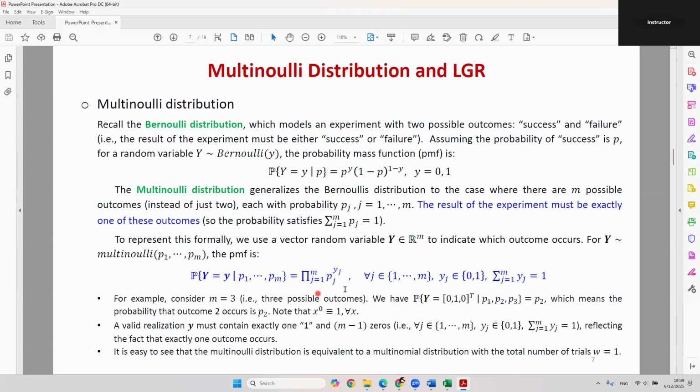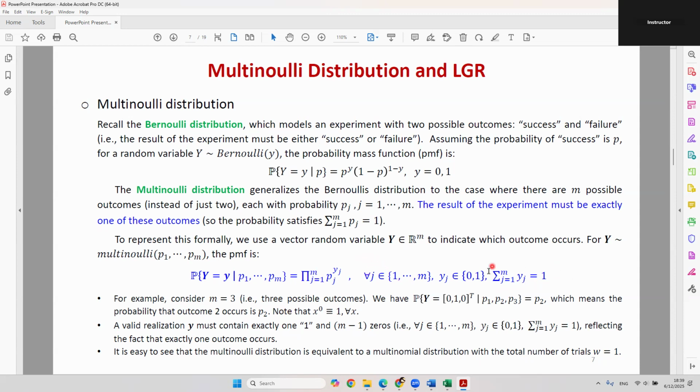This is the PMF for the multi-Nully distribution, which is just a product of all these. Clearly, this multi-Nully distribution is equivalent to a multinomial distribution with the total number of trials equal to 1. This is very, very simple.